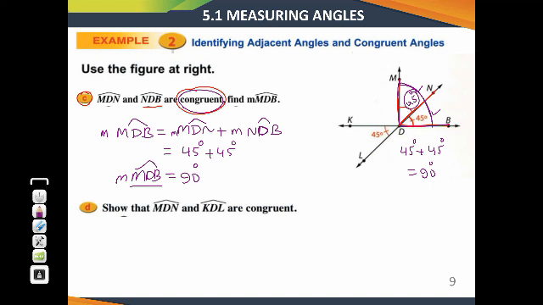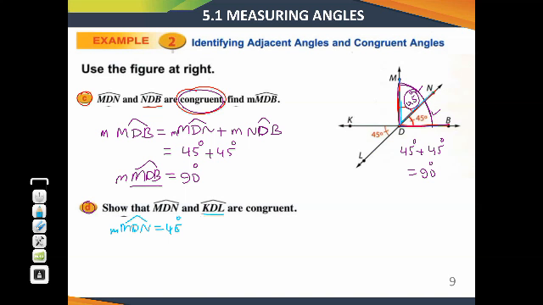Second one and the last one: show that MDN and KDL are congruent. First of all, where is MDN? M to D to N. MDN is 45 degrees. And KDL, where's KDL?